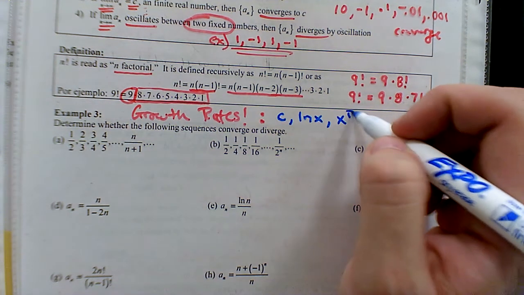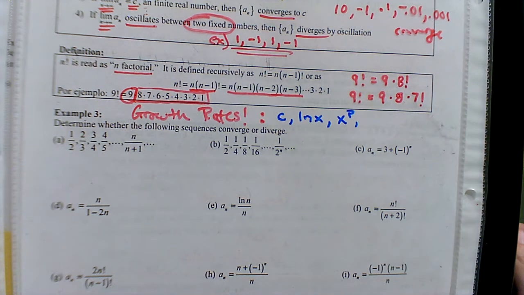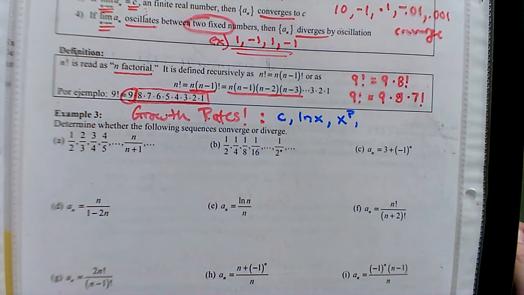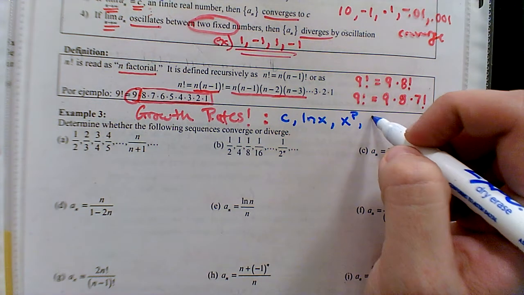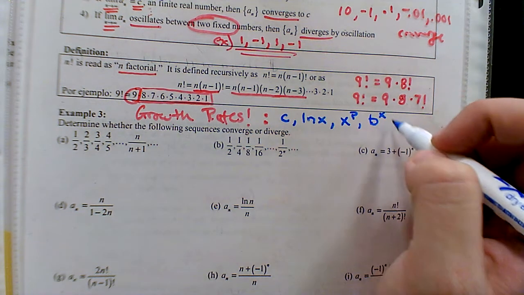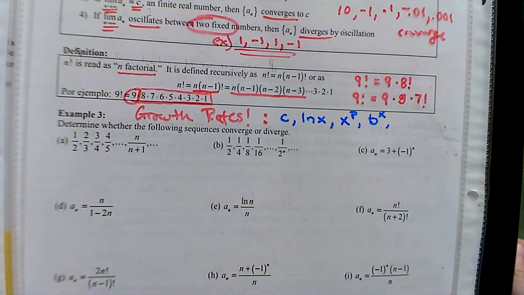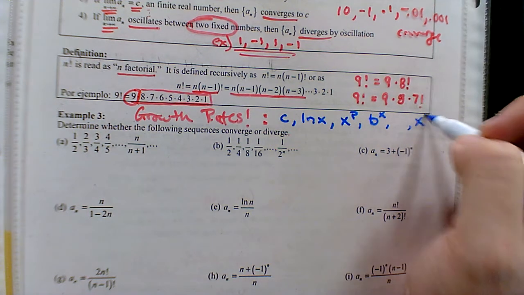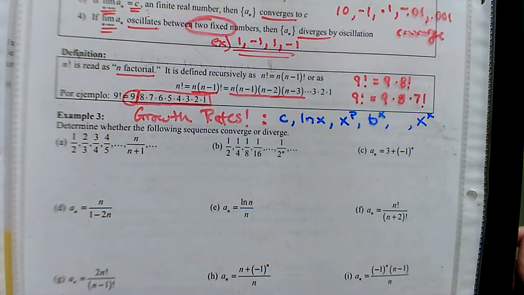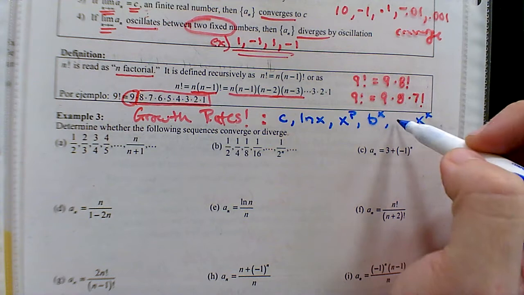We have x to a power. Next we had the exponentials, a base to a power. Then we had the fastest growing one, but there's one before it.